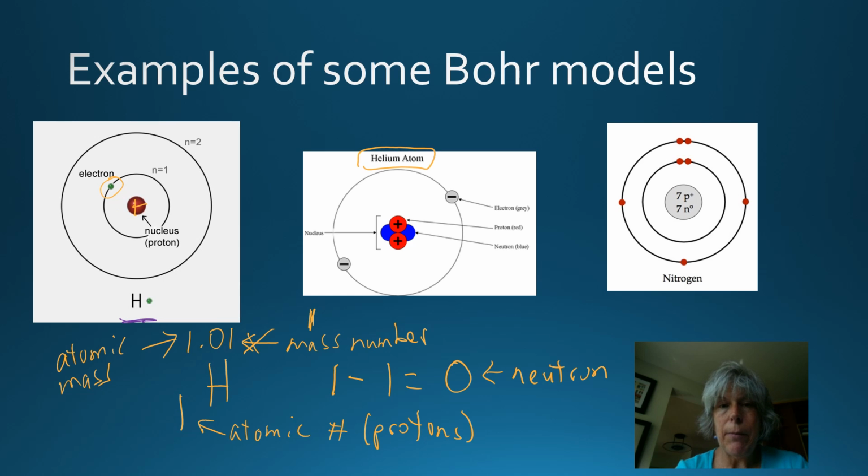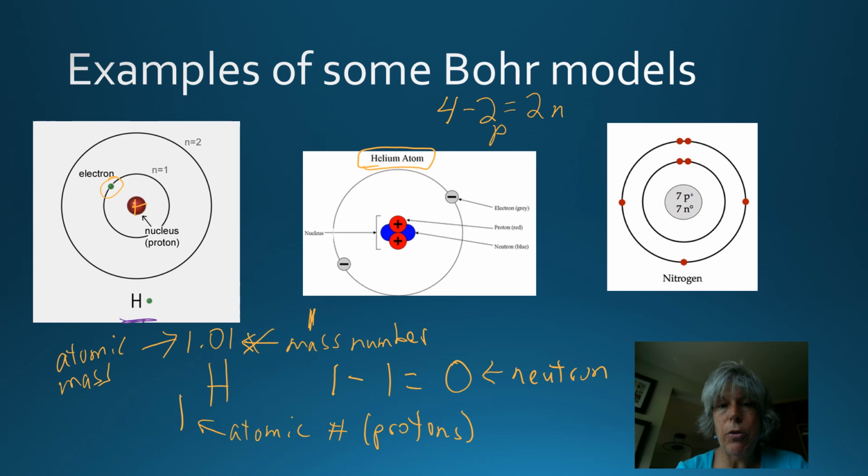Helium is element number 2 on the periodic table. Its mass is approximately 4, so its mass number is 4. Its atomic number is 2, so it has 2 protons, which leaves it 2 neutrons.